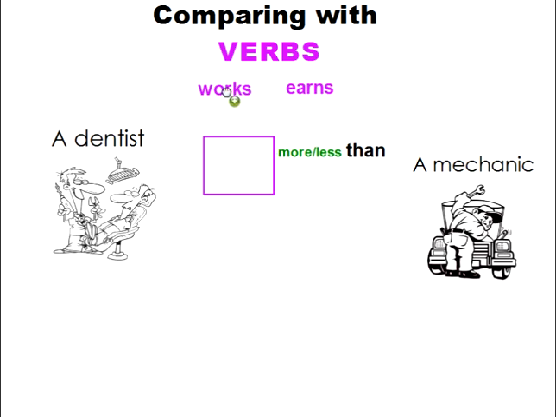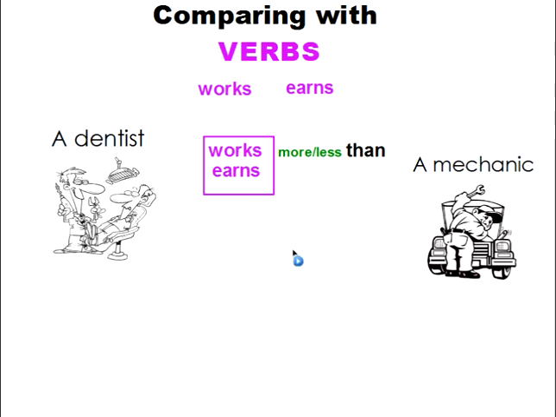So for example, a dentist works more than a mechanic. Or maybe a dentist works less than a mechanic. Or a dentist earns more than a mechanic. Or a dentist earns less than a mechanic, okay?